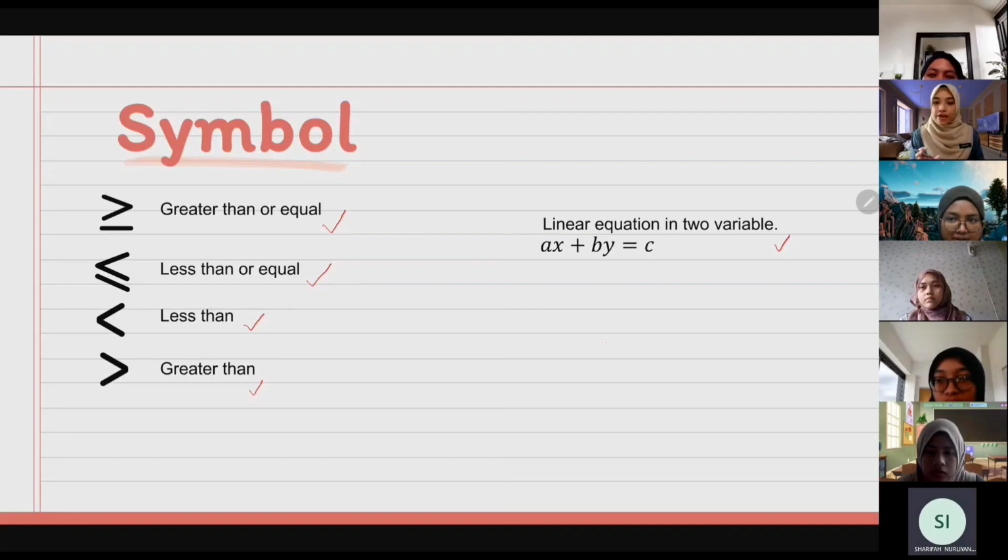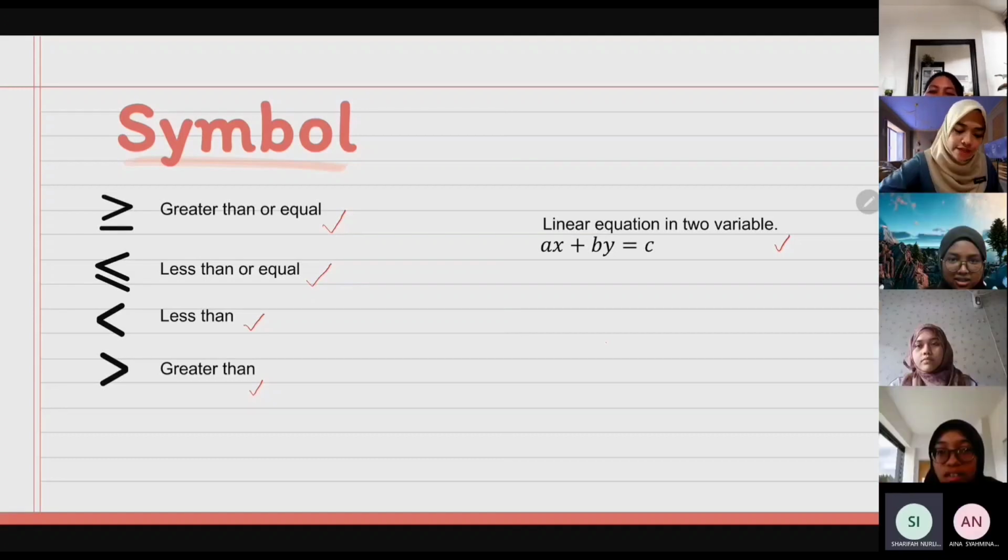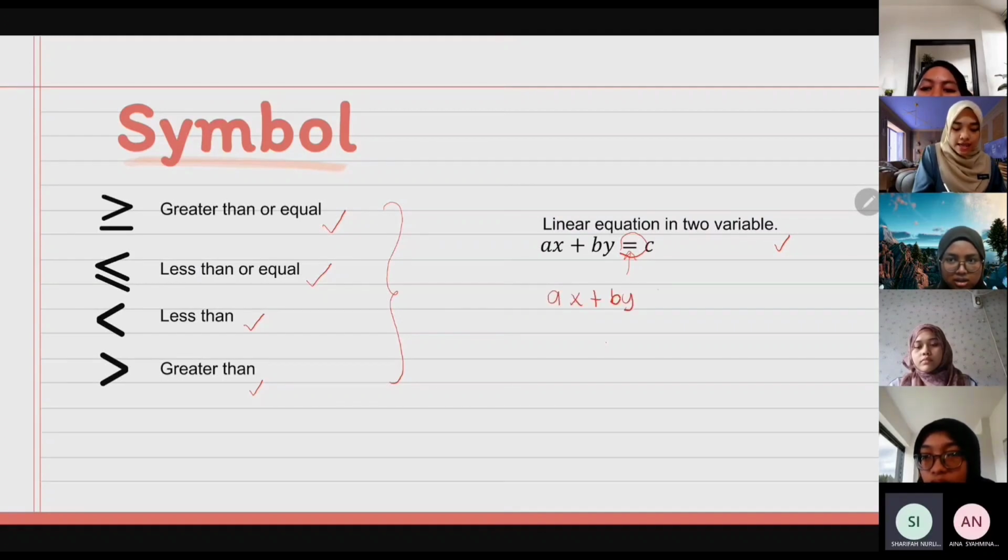So what is the difference between linear equation and linear inequalities? For linear inequalities, you don't have the equal symbol here, but the symbol will change to one of these four symbols. For example, if you have ax plus by is greater than or equal to c, this is what we call linear inequalities. Okay, you understand?